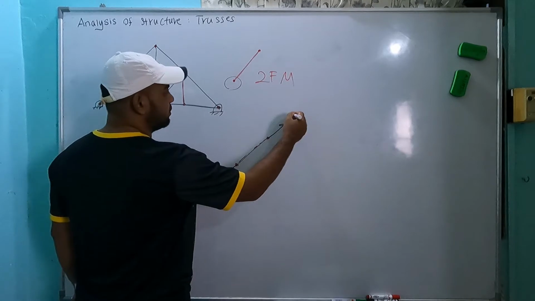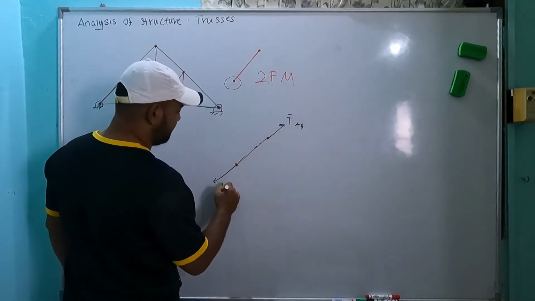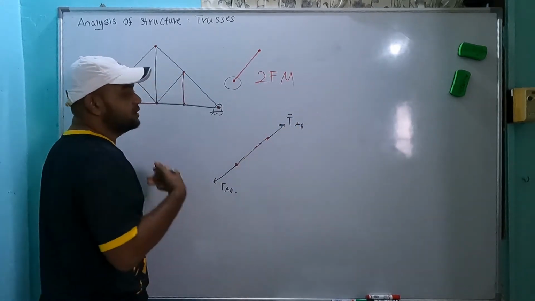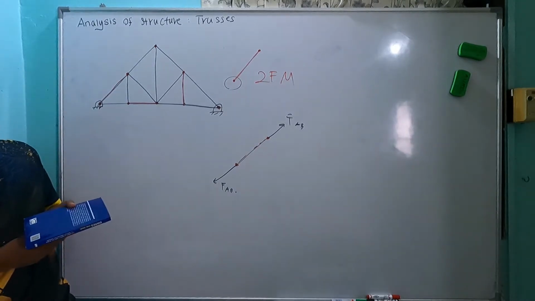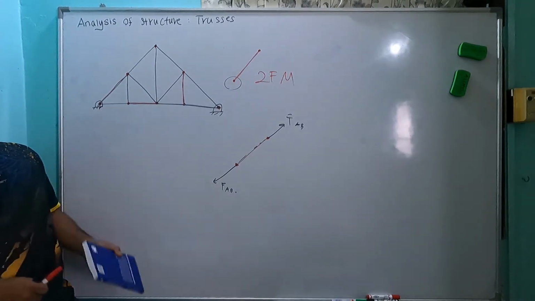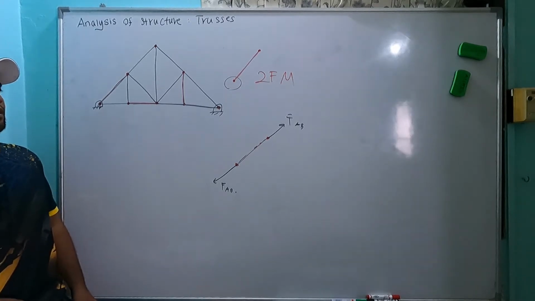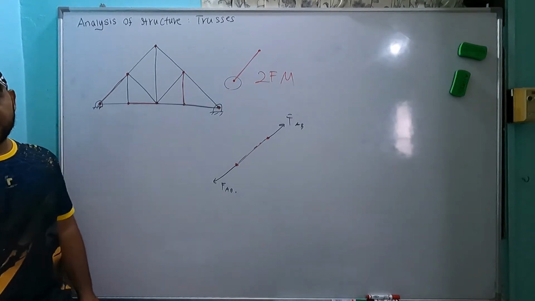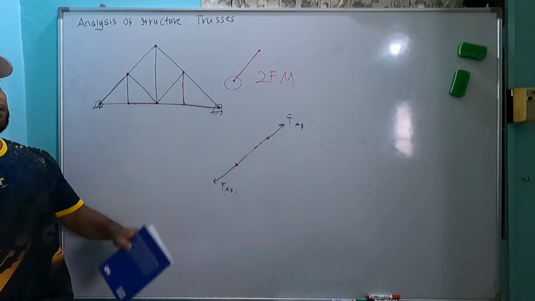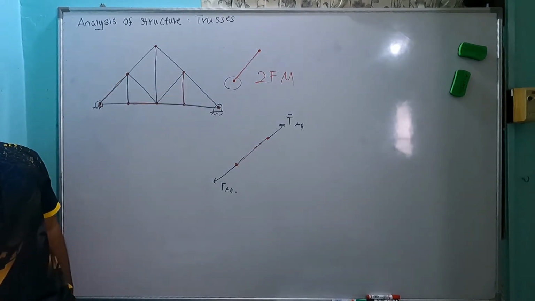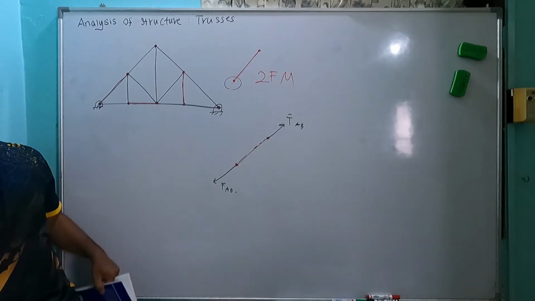So FAB, for example, has the same force, same magnitude, but opposite direction, on the same line of action of force. So all the forces acting on members of the truss are two force members. All are two force members.